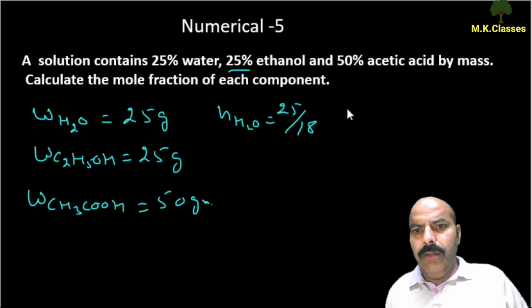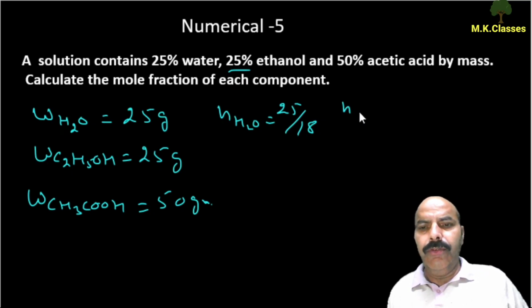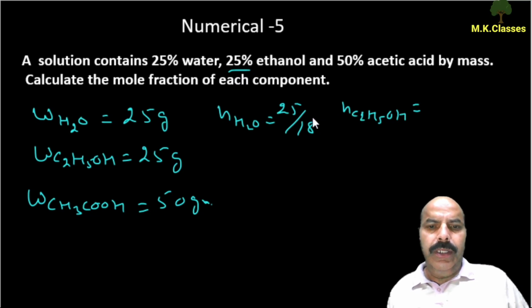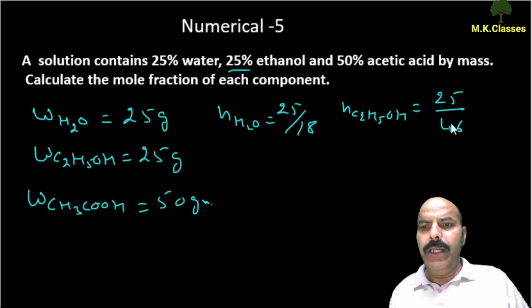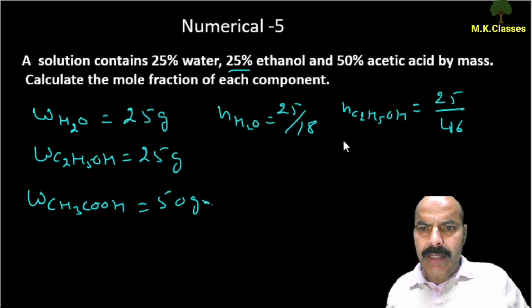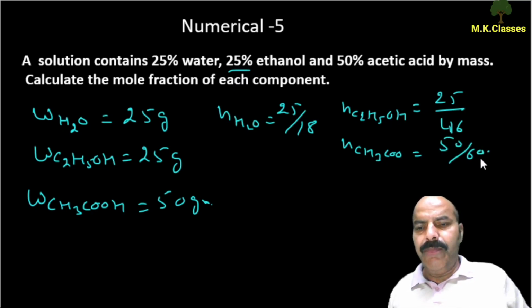Then now number of moles of this ethanol C2H5OH, that is equal to your, ये क्या है बेटा, मास है आपका 25, और इसका जो बेटा molecular mass है that is 46. उसी तरह बेटा number of moles of this acetic acid we can find out CH3COOH, that is equal to 50 divided by your 60. Is that clear?